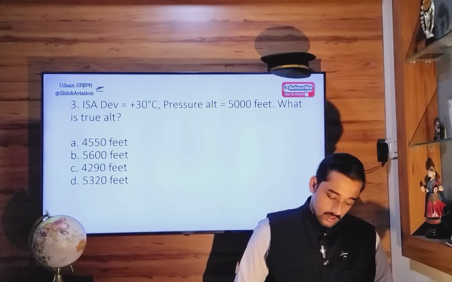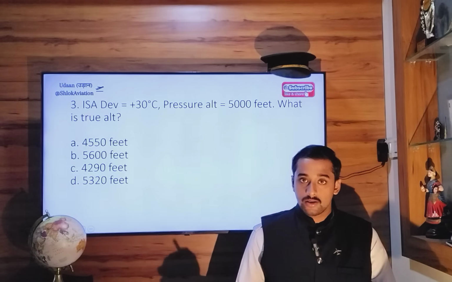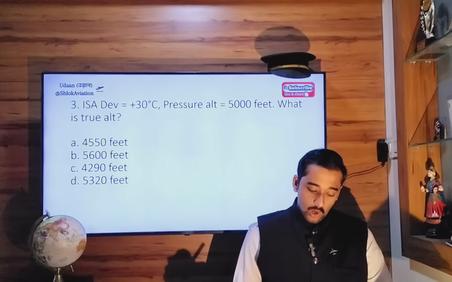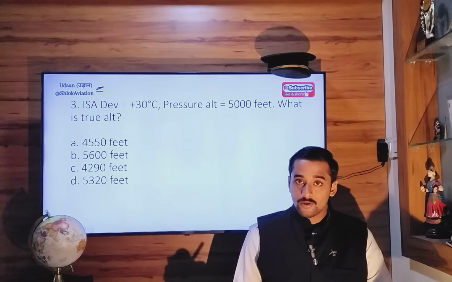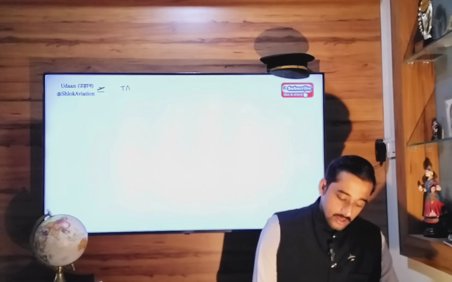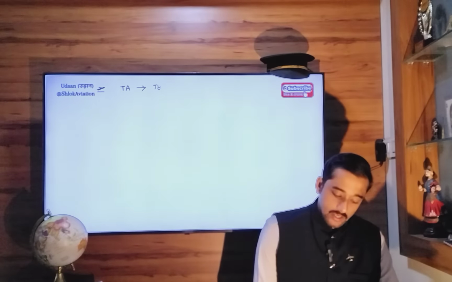Next, ISA deviation plus 30, that is warmer than ISA by 30 degrees Celsius. Pressure altitude is there. What is true altitude? To find true altitude, you have to apply temperature correction here. I have made a detailed video on altimetry errors.